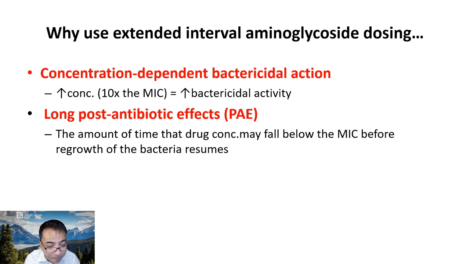Sabi ko nga sa inyo, okay, as long as we give the drug high, right, even if yung kanyang concentration is bumaba, mas mababa pa doon sa minimum, sa trough concentrations niya, okay lang, mamamatay pa rin yung bacteria because yun yung property ng aminoglycosides eh. They have long post-antibiotic effects. Okay? So, the amount of time that the drug may fall below the MIC before regrowth of the bacteria resumes.